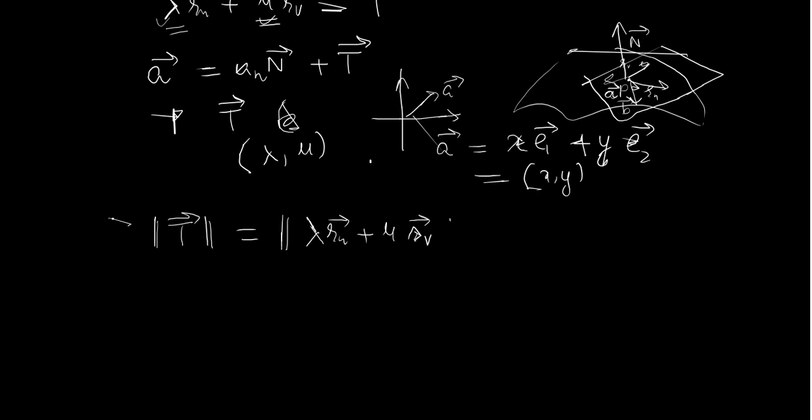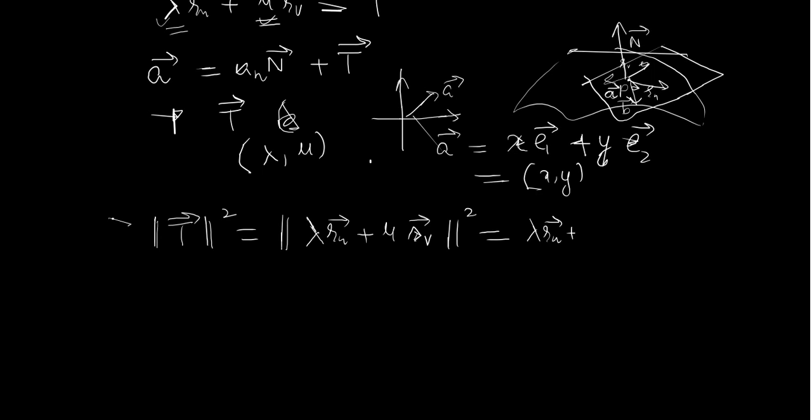Let me rub it. So I got lambda r_u plus mu r_v dot product lambda r_u plus mu r_v itself, right?